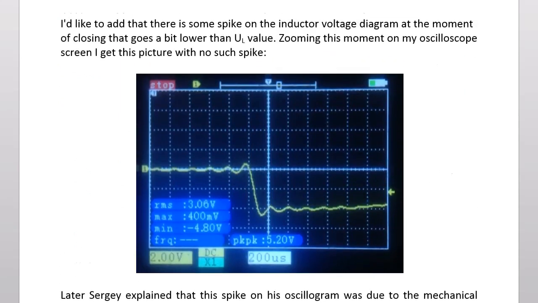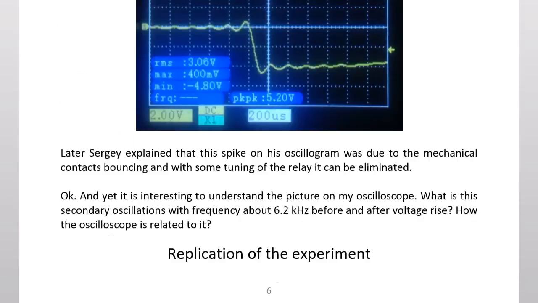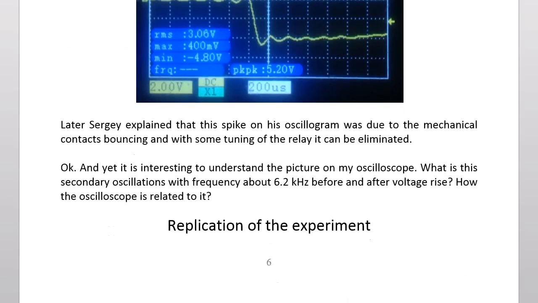Zooming in on the moment on my oscilloscope screen, I get this picture with no such spike. Later, Sergey explained that this spike on his oscillogram was due to mechanical contact bouncing, and with some tuning of the relay it can be eliminated.